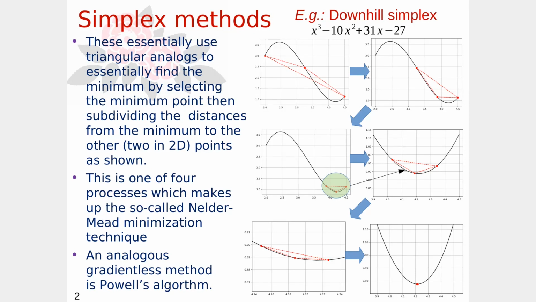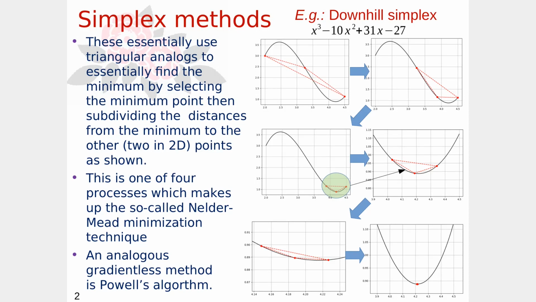So there is the Nelder-Mead minimization technique, and an analogous gradient method called the Powell algorithm, which use sophisticated methods in which to find these minima. But that's essentially the idea of what we call the gradientless methods.